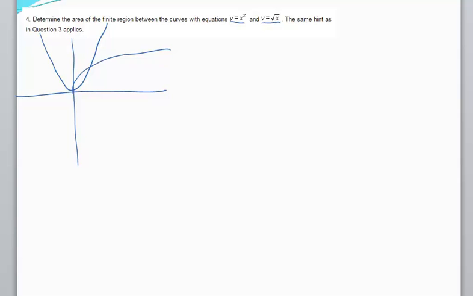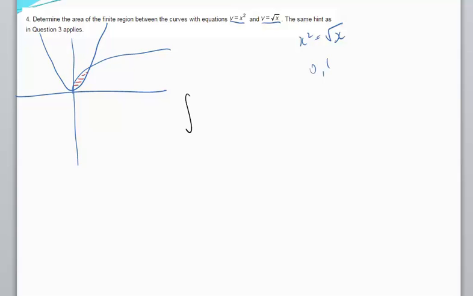So here x squared equals the square root of x. For these to be equal, they can be equal at 0 and at 1. We can square both sides and work our way through, but we end up with 0 and 1. We want to find this area between them here.